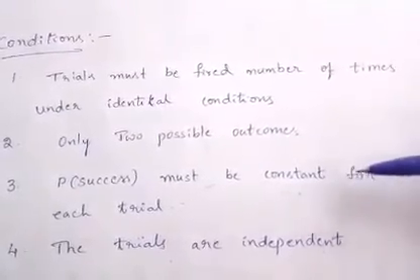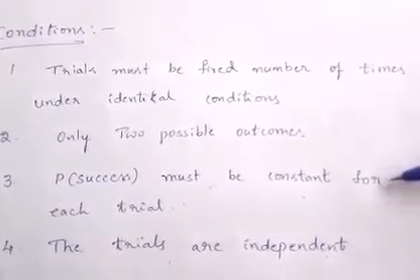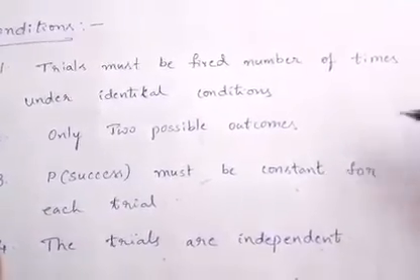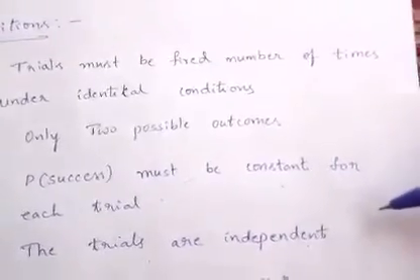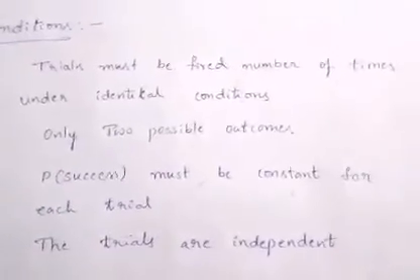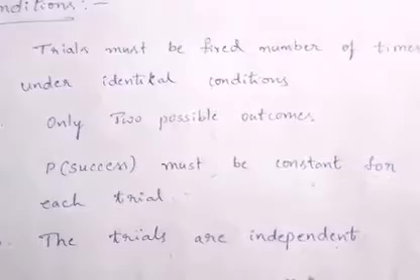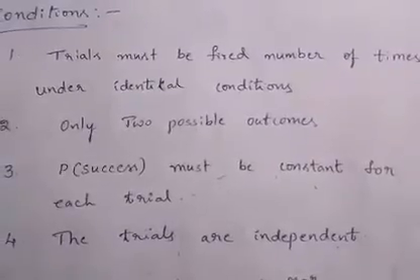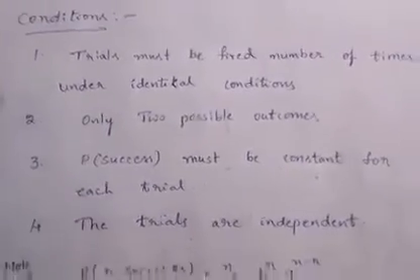Third, the probability of success must be constant for each trial; it should not change from trial to trial. Fourth, the trials are independent, meaning one trial should not depend on the previous trial. So these are the four conditions of binomial distribution.